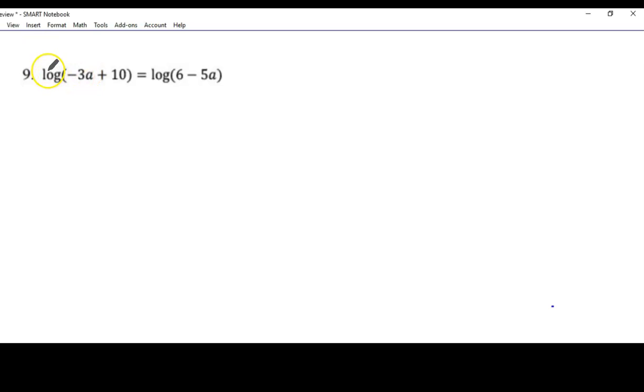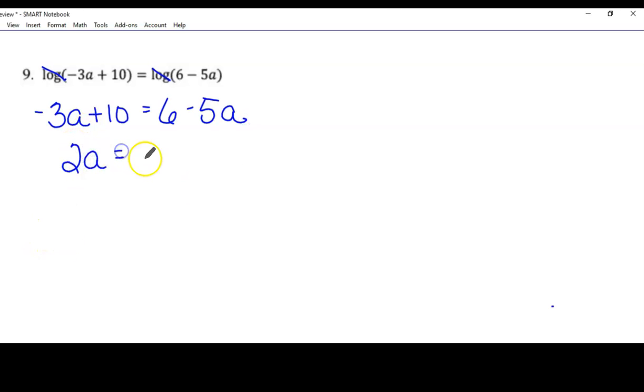So these are both log base 10, so we can cross out the log, set these up equal to each other. Okay, so I need to check this.